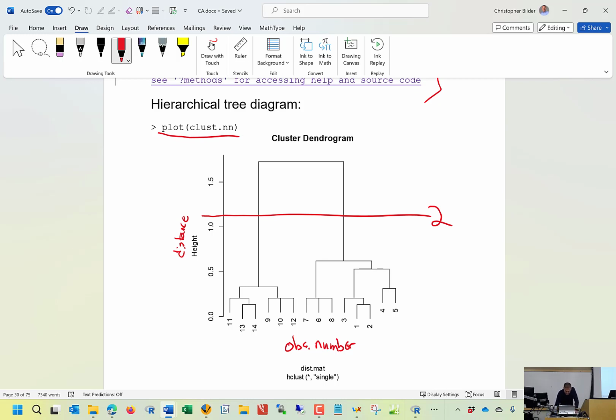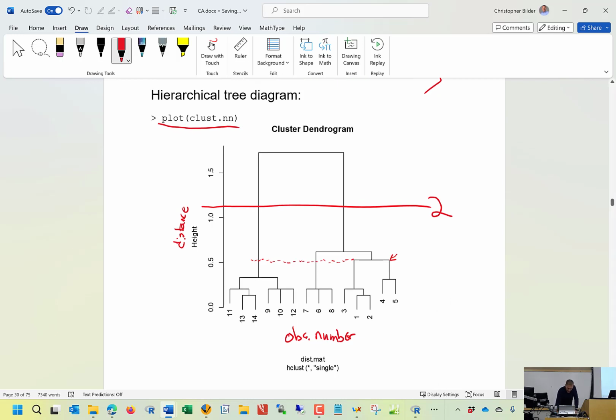So, for example, I'm going to draw a little dotted line over here. It's meant to be a horizontal line, even though it's not. Look at when I do this connection between 1, 2, 3, and 4 and 5. Compare that to when I made the connection between 11, 13, 14, 10, 11, 12.